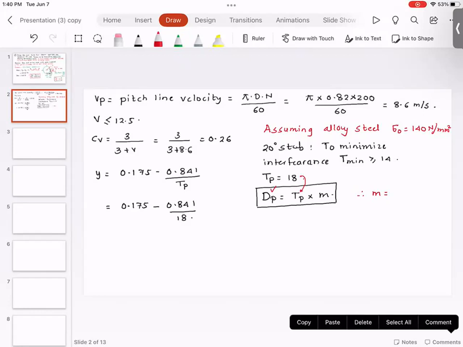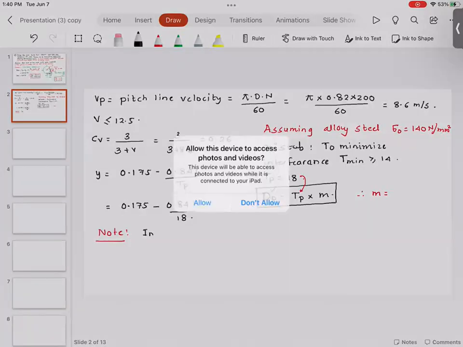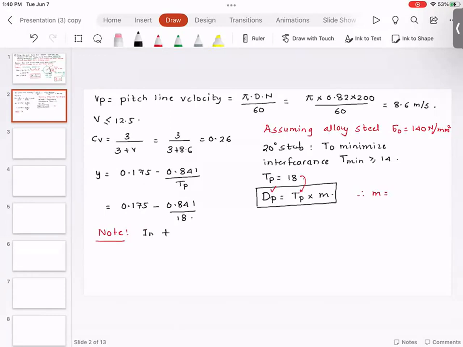Note: in this problem, center distance is given.